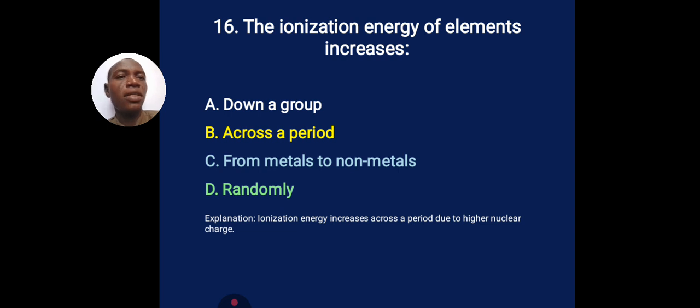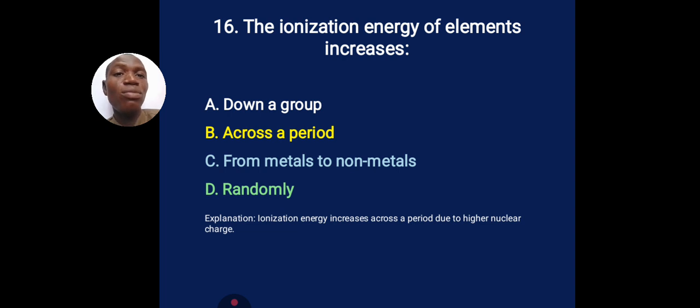So what is ionization energy first of all? The energy you require to remove 1 mole of electrons from a neutral atom is what is called ionization energy. So if you want to remove an electron from an atom, how much energy do you need to put? The amount of energy you put depends on the number of protons that element has.